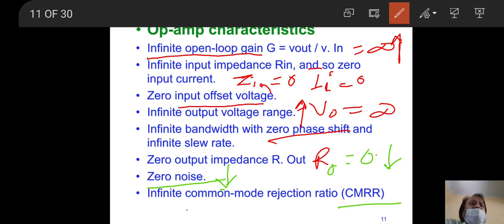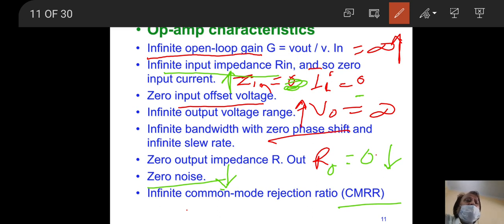So that's why you utilize higher input impedance; they consider the input impedance Z in to be infinite, very high. So very high impedance gives zero input current, and that reduces the noise in the circuits.